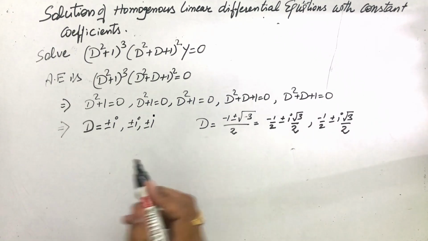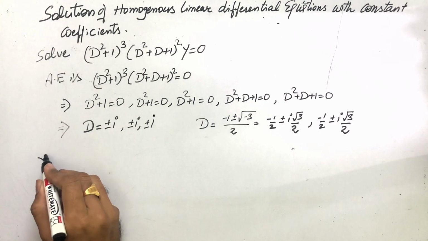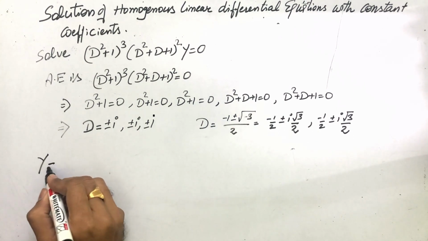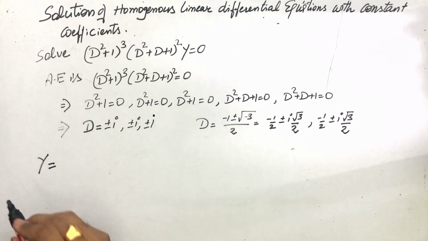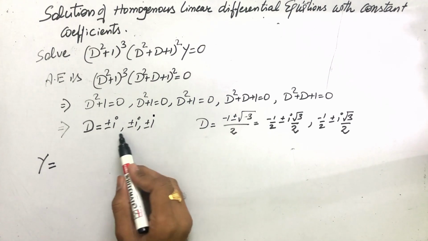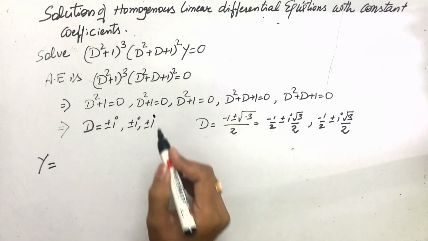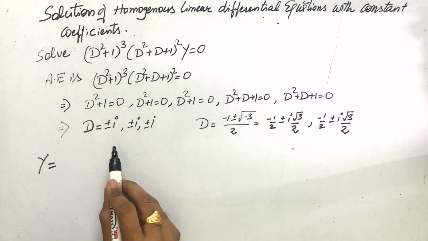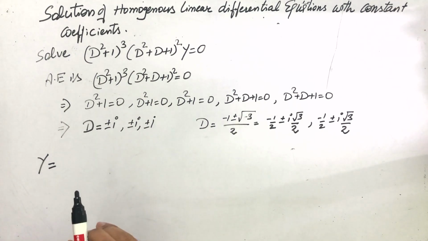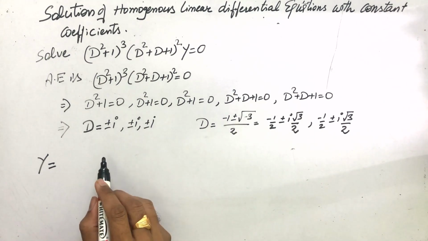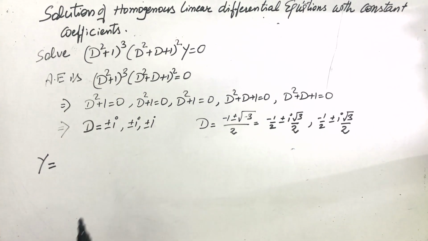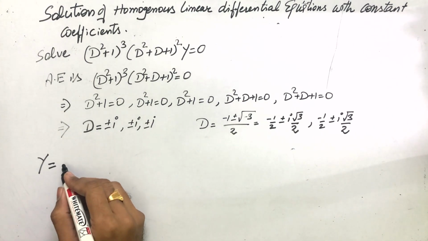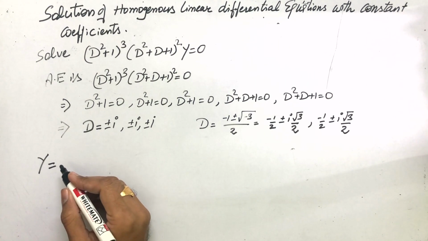Okay, so based on the formula, let us write the solution. Here, as you see, the real part is 0 and we only have the imaginary part. And how much is the imaginary part? 1. Don't confuse it with iota. Here the imaginary part is 1. So we don't have any power of e because it's already 0.